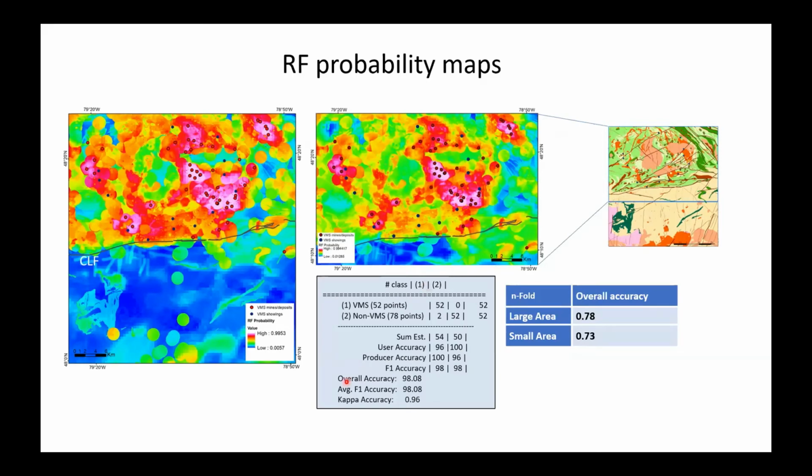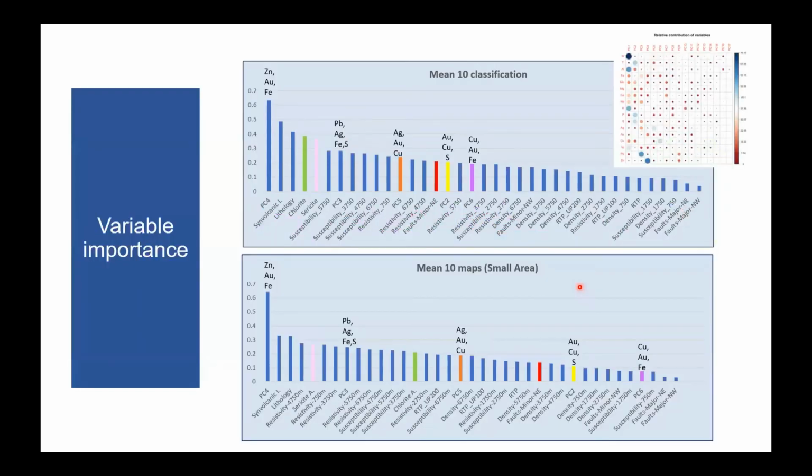The overall accuracy, again, when assessed with the training data, is as high as about 90%, and when using k-fold accuracy, we get somewhat lower accuracy compared to the large area. The main difference between these two maps was in variable importance.